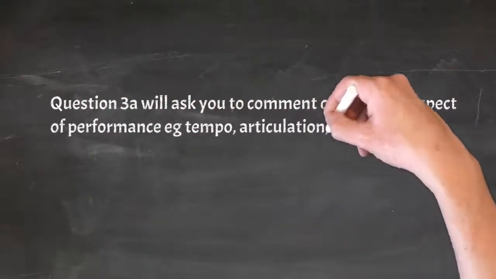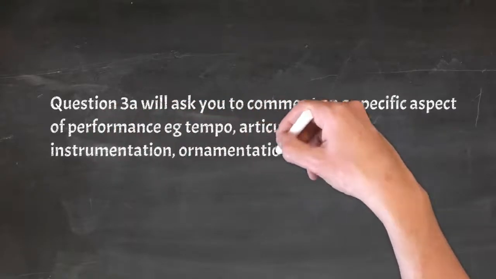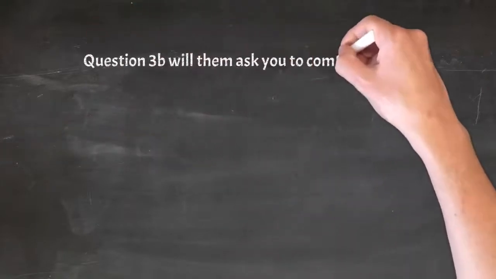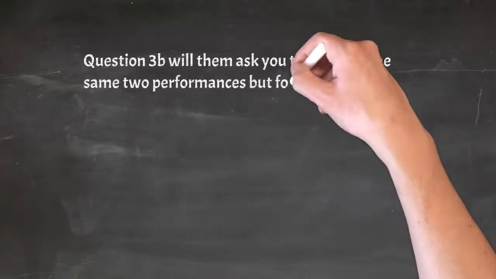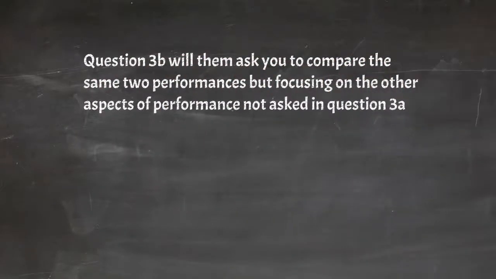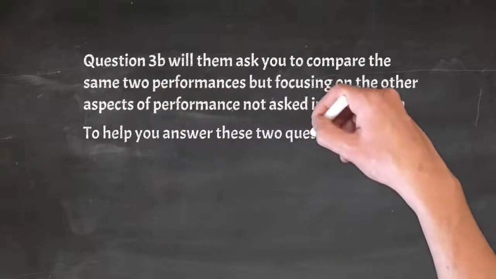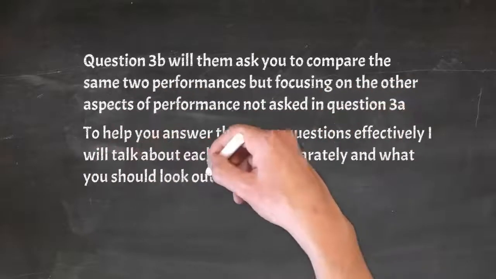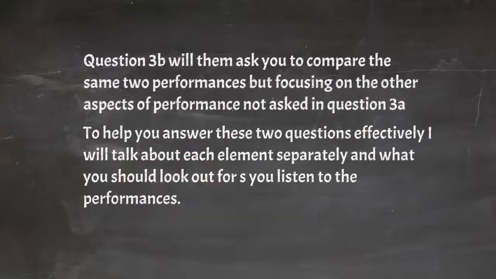It can be tempo, articulation, instrumentation, ornamentation, and so on. Question 3b will then ask you to compare the same 2 performances but focusing on other aspects that haven't been asked in question 3a. To help you answer these 2 questions effectively, I will talk about each element separately and what you should look out for as you listen to these performances.